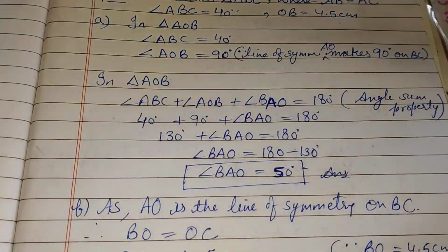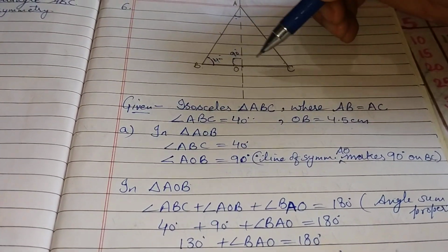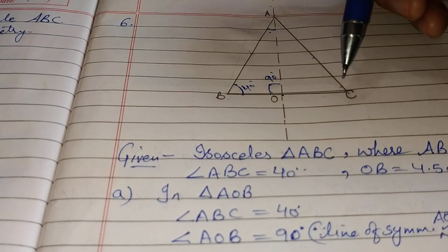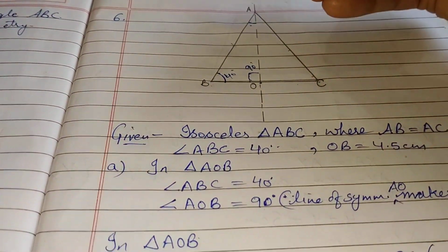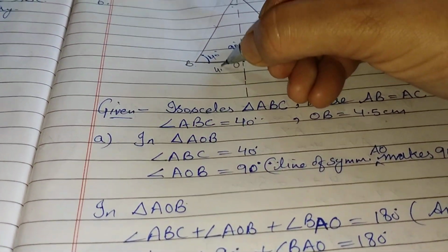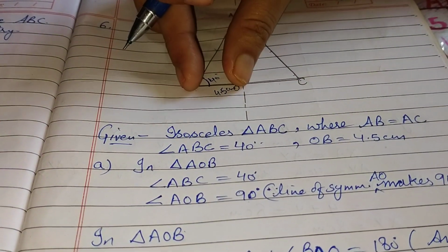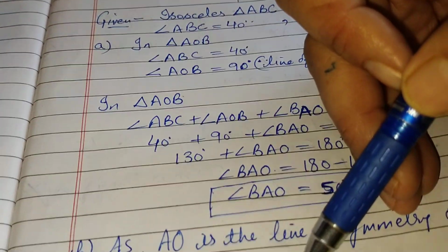Now part B. As AO is the line of symmetry on BC, we know that a line of symmetry divides the line segment into two equal parts. BO is equal to OC. It is given OB is 4.5 centimeter, it means this is equal to this. When it is 4.5, then this is also 4.5 centimeter.